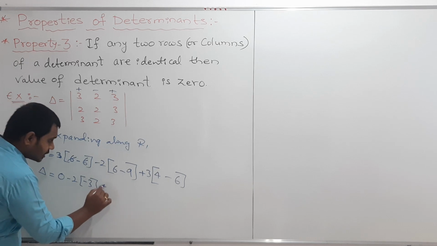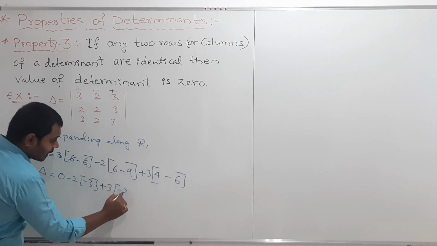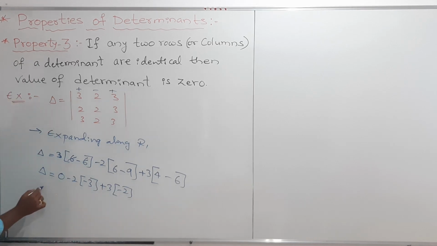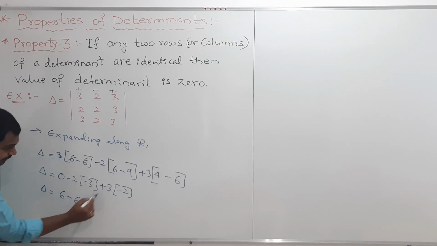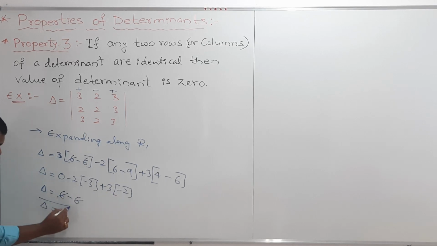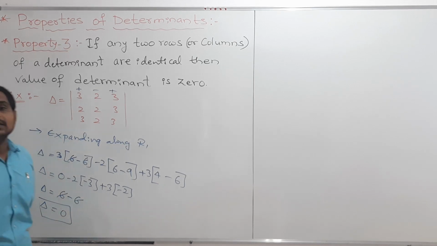Clear? And next here is plus 3 into minus 2. So this will become 0 here, minus minus plus 3 2s are 6, plus, minus minus 3 2s are 6. Again plus 6 minus 6 cancels. So therefore the determinant value is equal to 0.